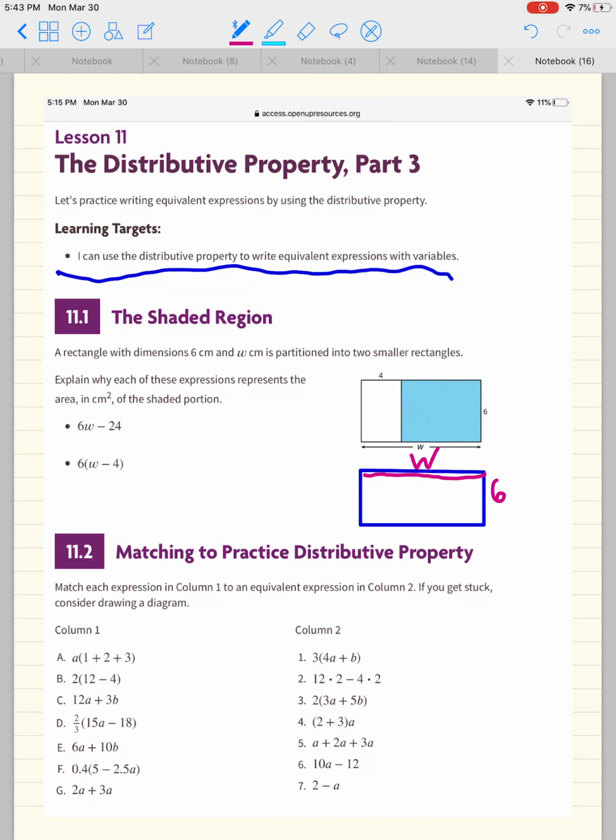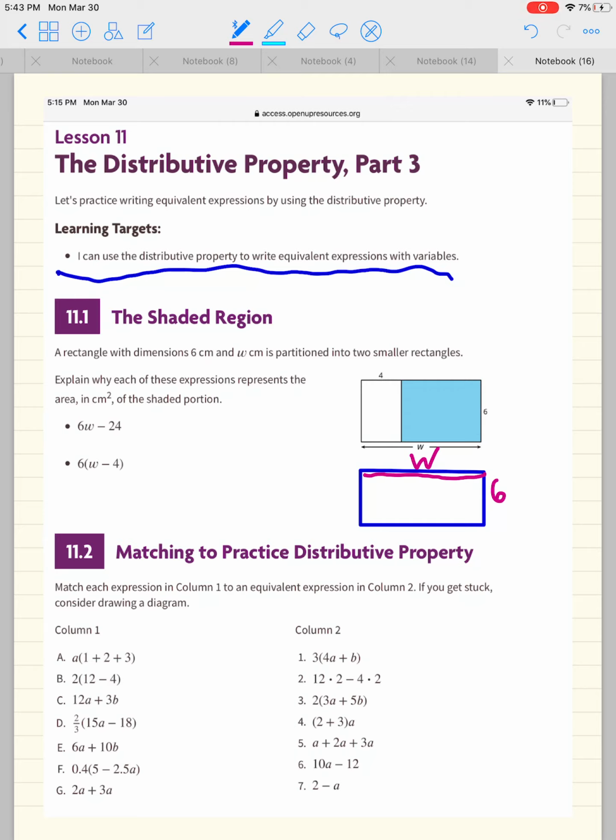Explain why each of these expressions represents the area in square centimeters of the shaded portion. If you already feel confident about this, go ahead and pause the video and write down your explanation. Otherwise, I'll go through it and explain it.